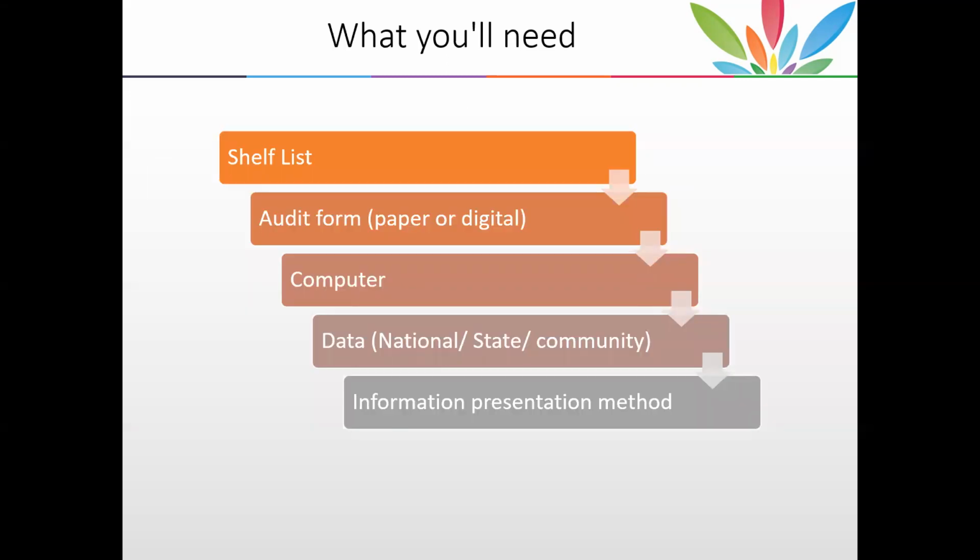So the items that you'll need to audit your collection are pretty self-explanatory. But the one thing that I would like to draw your attention to is your state or town data. You may find that your community is 80 or even 90% white. If we attach ourselves to that number, it might appear like we don't need to do any of this work.